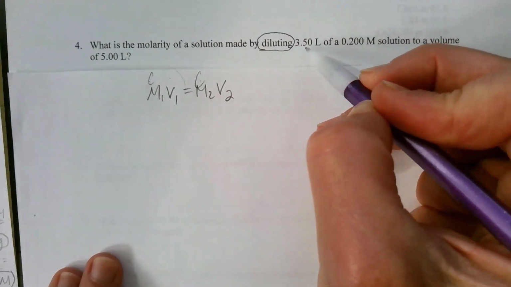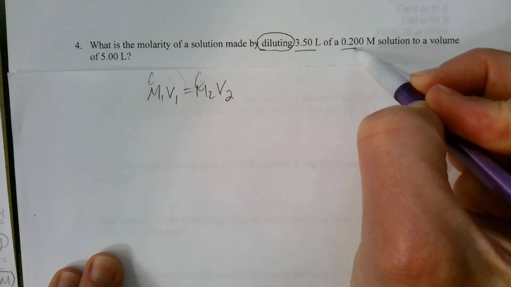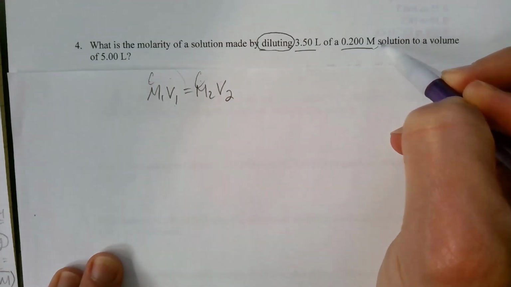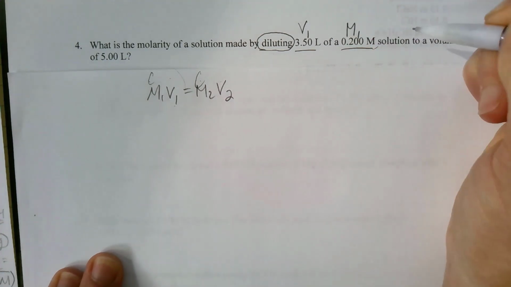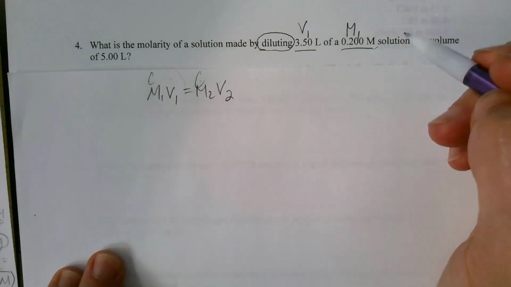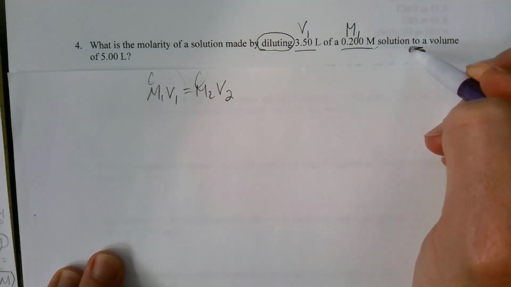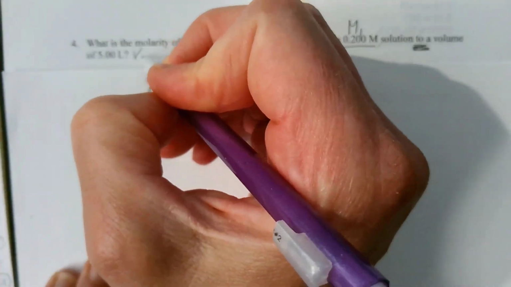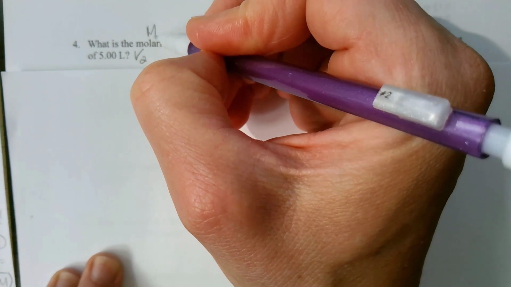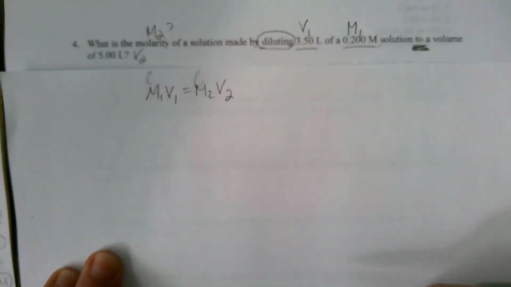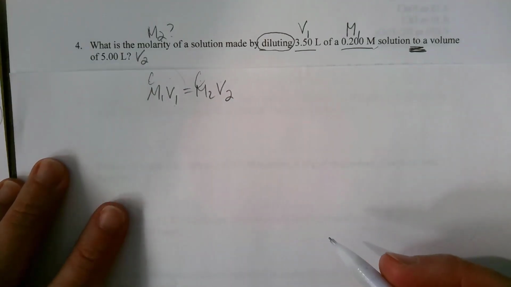So we're diluting 3.5 liters of 0.2 molar solution. So this is our volume 1 and our concentration 1. And we're diluting it to a volume of 5 liters. So that's our volume 2. We want to know what is the molarity of that solution that's being made.